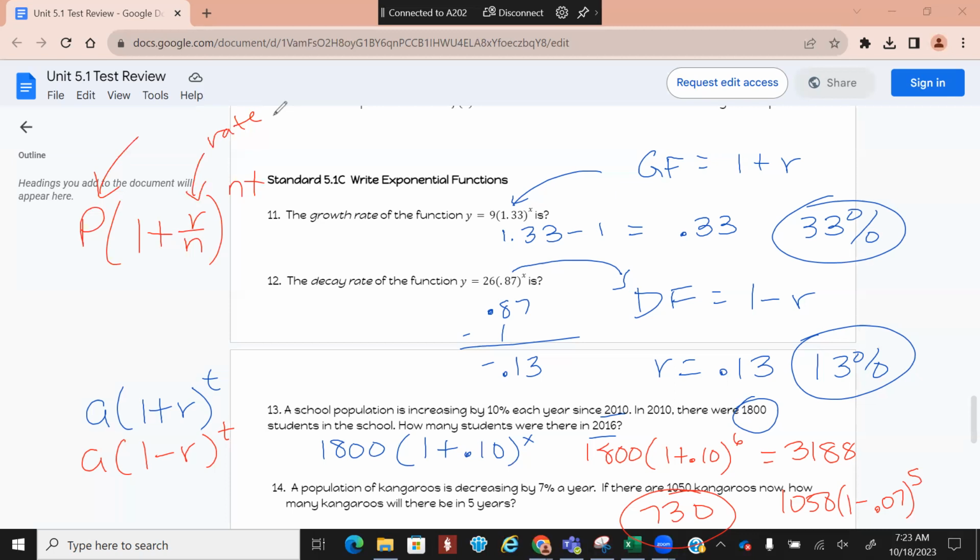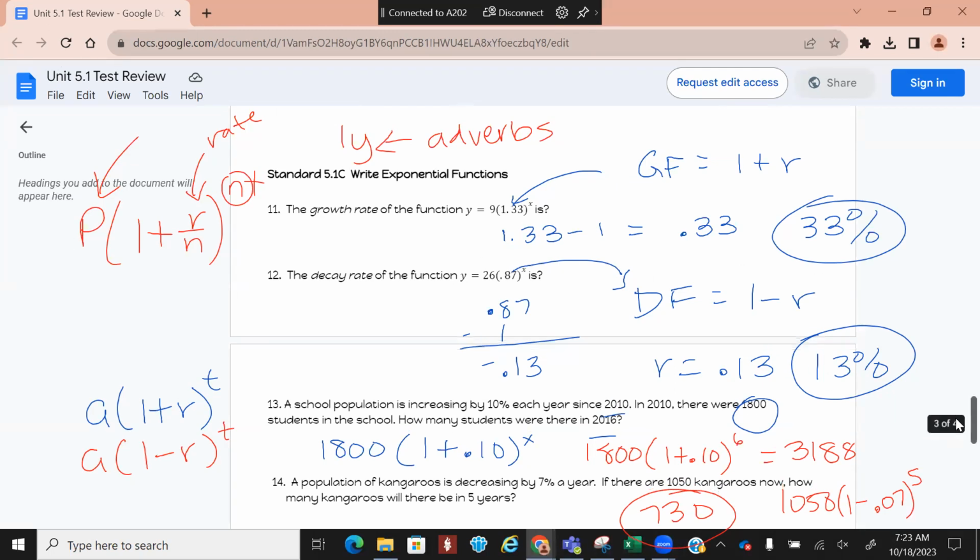If I say monthly, how many times is that going to happen? 12. Does that make sense? We talked about that whole ly words at the very end. We said all the adverbs are going to tell us about this N value. Okay. Is there one on your thing? I think so. Should be one on here.